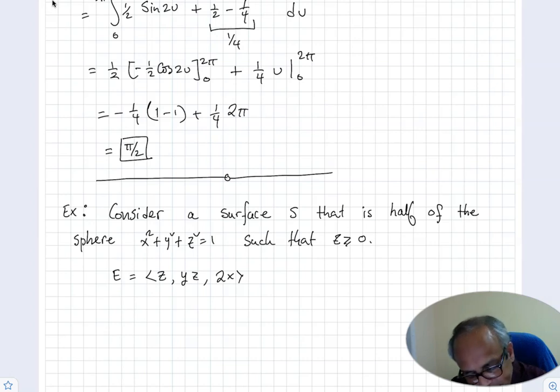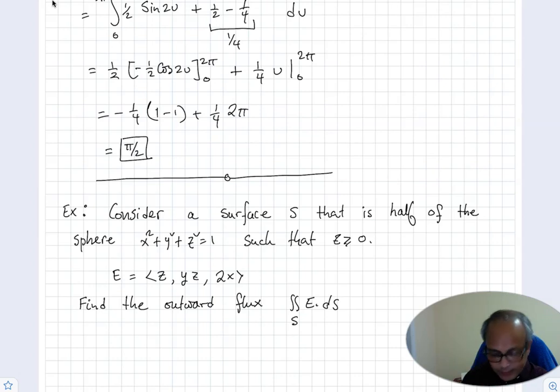Find the outward flux of E dot dS. That's enough of a statement. You can say outward flux through S, but it doesn't matter.